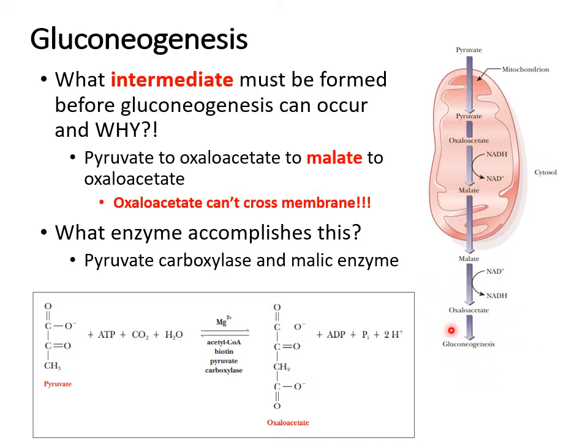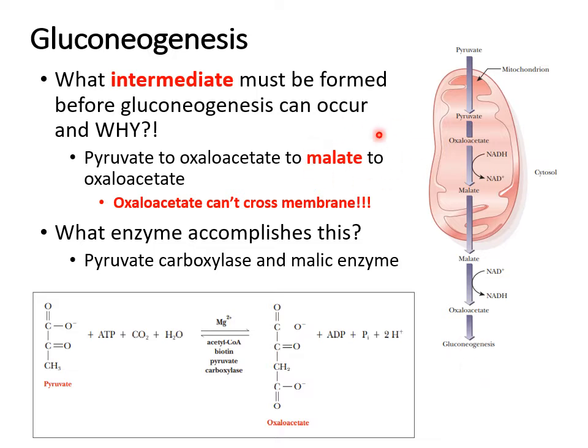Okay, so I want you to really emphasize in your notes this part: what do we need to happen? We need pyruvate to become oxaloacetate for gluconeogenesis, but what's the problem? For this conversion, the enzyme is inside the mitochondria, and oxaloacetate, once it's been produced in the mitochondria, cannot cross the membrane.